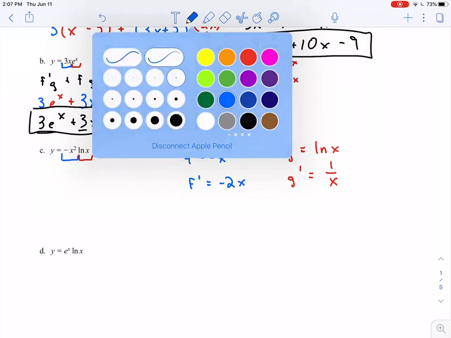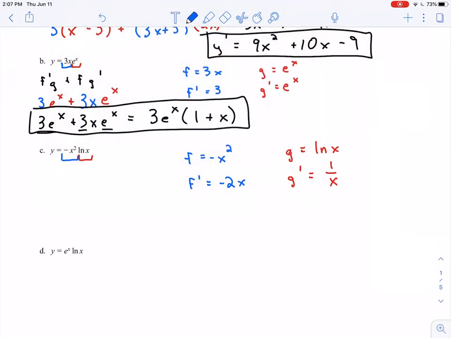So let's use our product rule here. Y prime is equal to f prime, that's negative 2x, times g, that's natural log of x, plus f, that's negative x squared, times g prime, which is 1 over x.